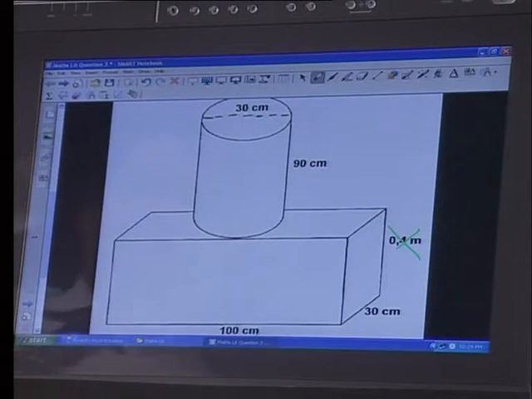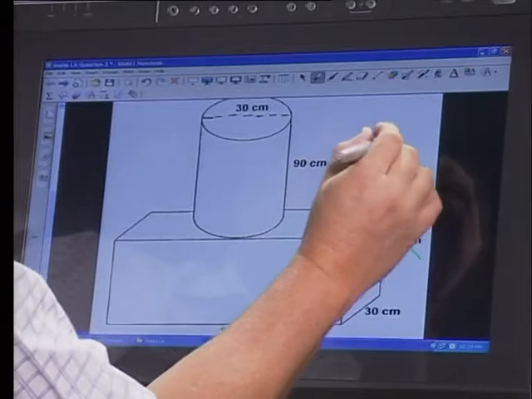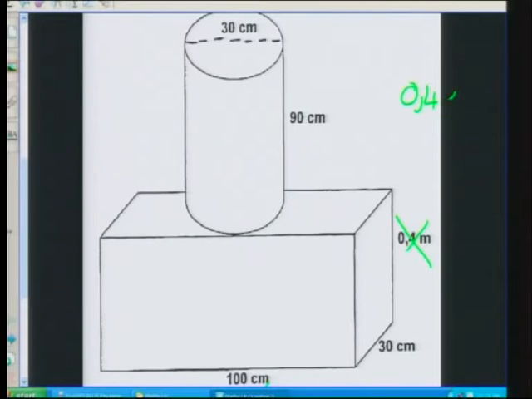I ask myself, how many centimeters in a meter? There are 100. So because there are 100 centimeters in 1 meter, I'm going to take my 0.4 and multiply it by 100, and I land up with 40 centimeters.